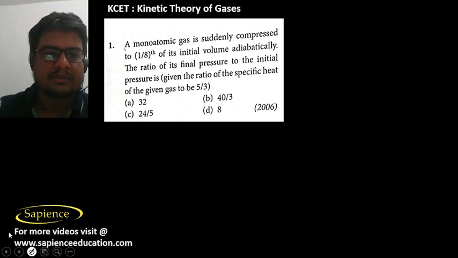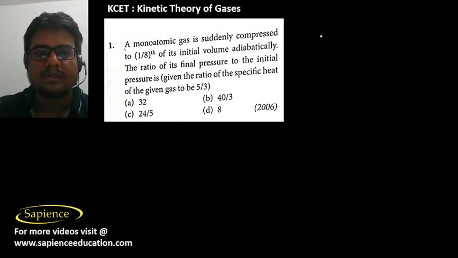So here, this is question number 1. It is told that a monoatomic gas is suddenly compressed to 1/8 of its volume adiabatically. The ratio of its final pressure to its initial pressure is asked. The ratio of specific heats of the given gas is 5/3. So gamma, which is equal to Cp by Cv, is equal to 5/3.